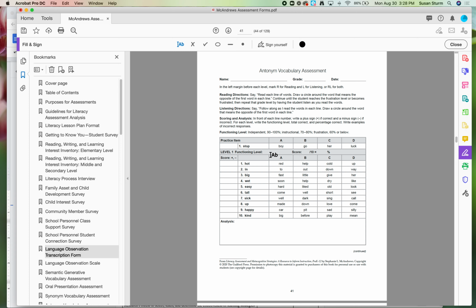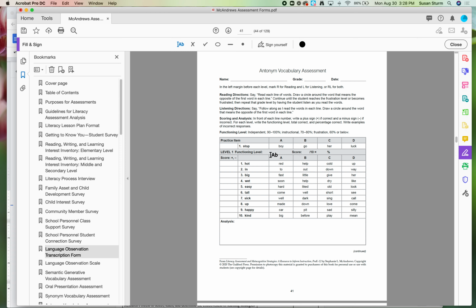So if they are in second grade, there's a chance that they're going to miss some of those words on that second grade list, but they should be able to get all of the first grade words. That also gives them a little bit of confidence as they start, because the assessment should be easier for them. It does say too, if you're working with a first grader, that you should start this assessment as a listening assessment.